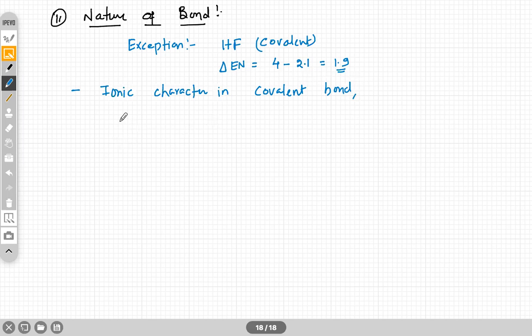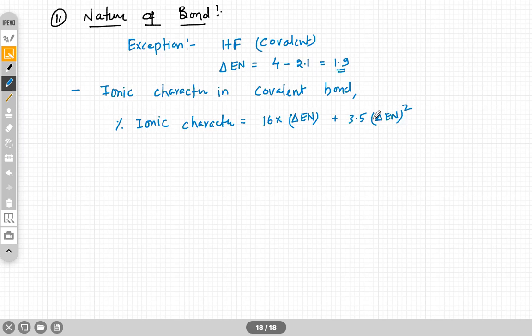We'll find the percentage ionic character by this formula. It equals 16 times delta of change in electronegativity plus 3.5 times change in electronegativity squared. This is the formula.